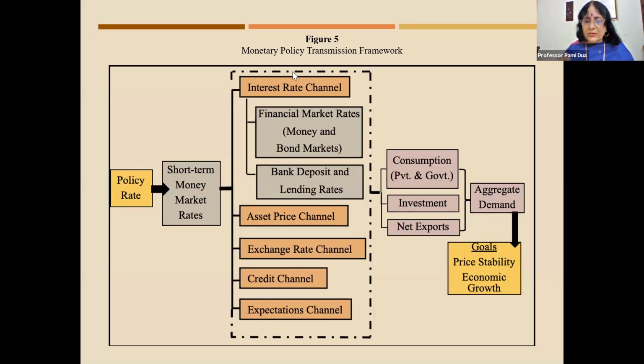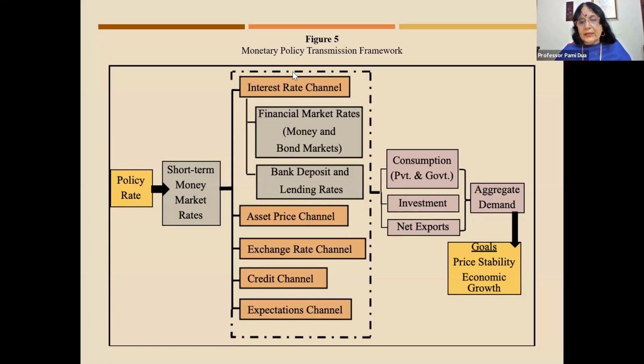So if the interest rate changes, let us say, suppose interest rate drops, then that can affect the value of the debt obligations of firms, and therefore that can affect the strength of the balance sheet of firms. So if interest rates have gone down, the balance sheet will start looking stronger, and therefore credit will flow to these firms. So financial institutions will be more willing to provide credit. So that is the credit channel.